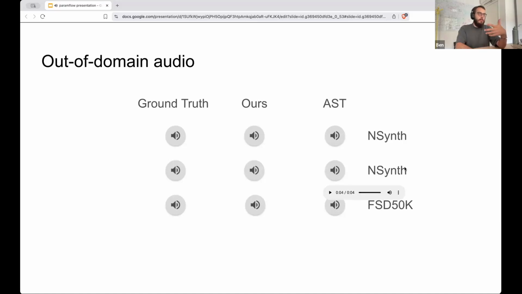So you can see the kind of benchmark model just completely breaks down with this very out-of-domain signal, whereas our model appears to have generalized to some extent.